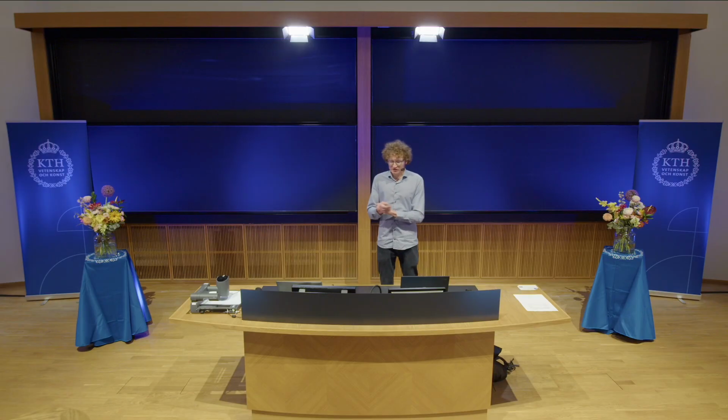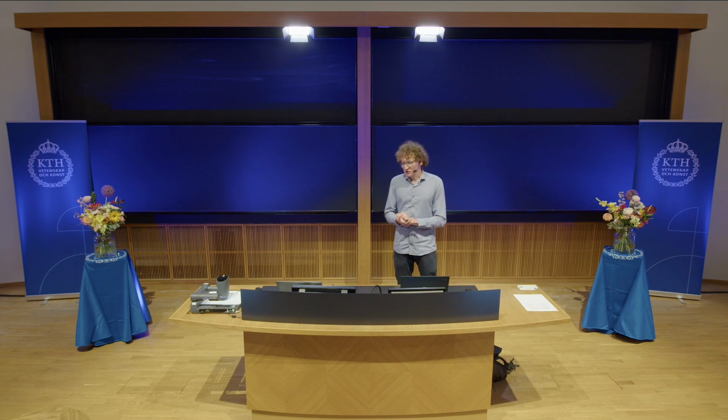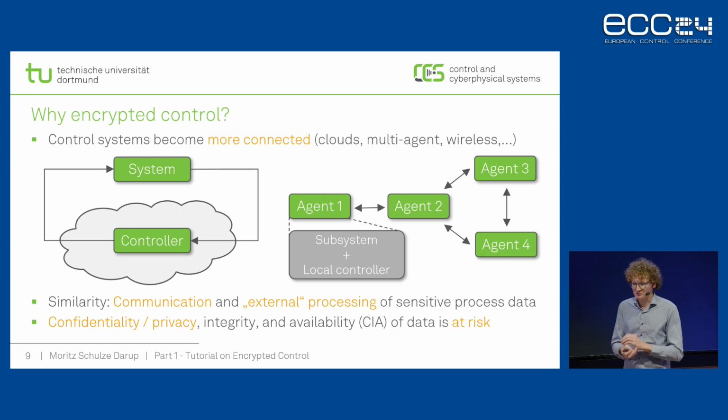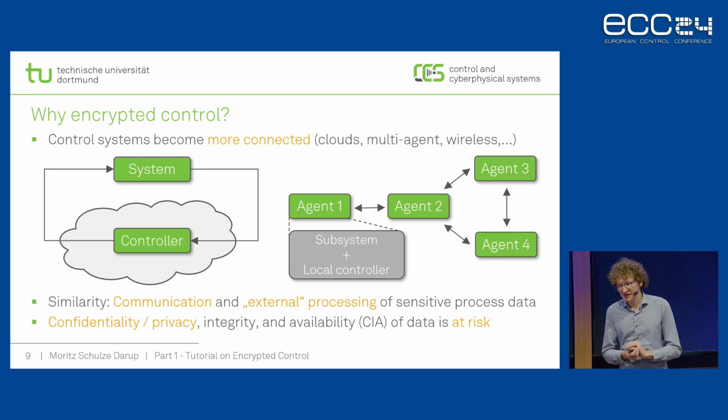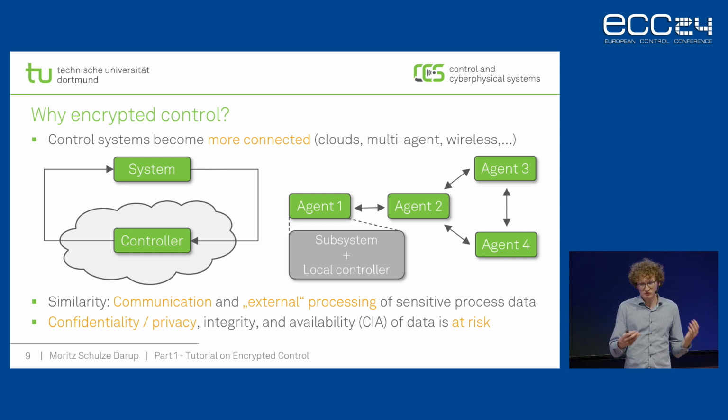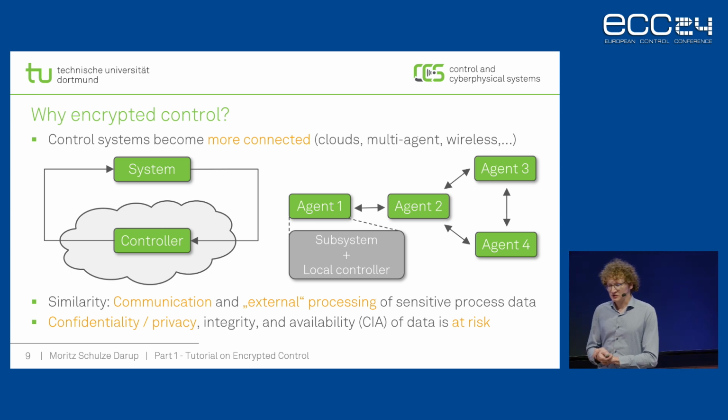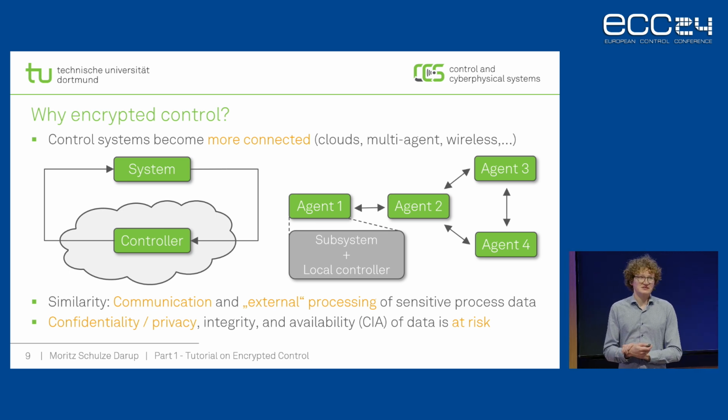Now, what is the similarity between both of these setups? Well, we have communication of sensitive data in both cases. We assume that the states, the input, and the controller parameters are all sensitive data, and we might not want to share them with another entity. And we have external processing of this sensitive data.